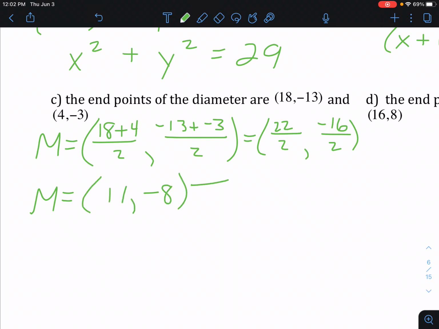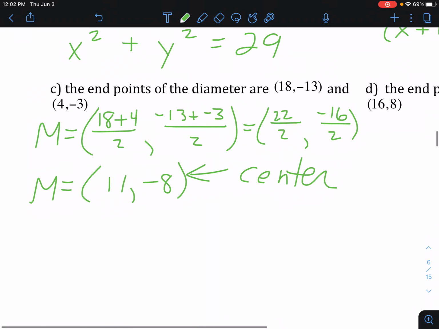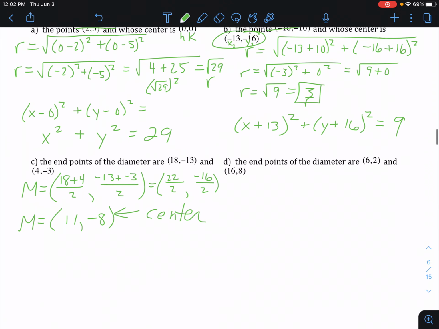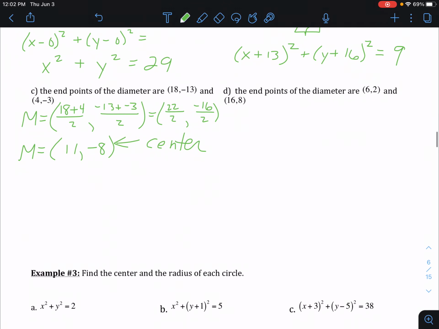Now that guy there, that's the center. These are the two numbers we're going to use for h and k in our formula. So now, we still don't, unfortunately, know the radius. So what are we going to have to do? Well, just like we've been doing in A and B, we're going to have to use the distance formula.